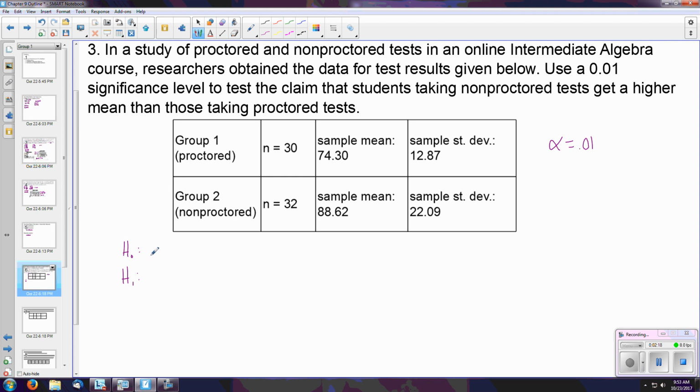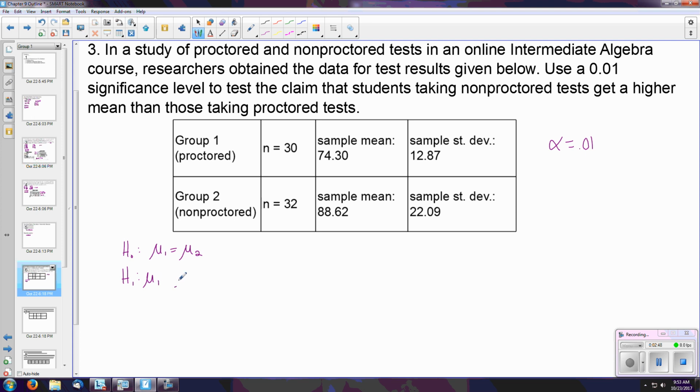Well, ideally, regardless of the type of class or the type of test, you would always think that your means are actually the same, so that students should be doing just as well whether they take a test in a proctored setting or a non-proctored setting. Now, this test is asking us to claim that students who take non-proctored tests get a higher mean than those who take proctored tests.